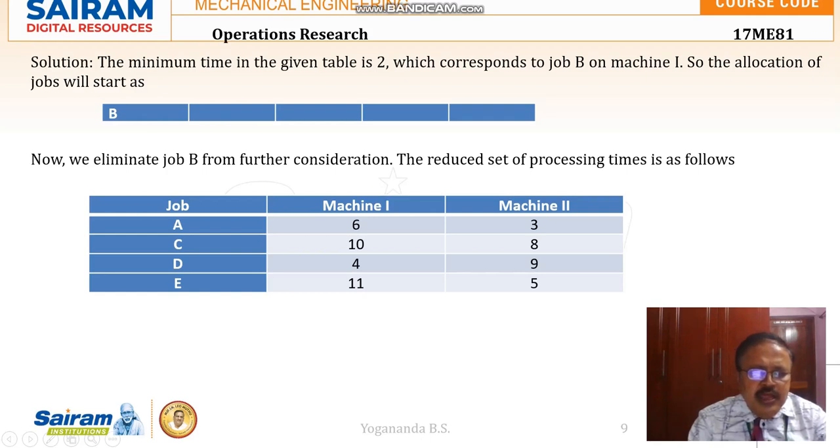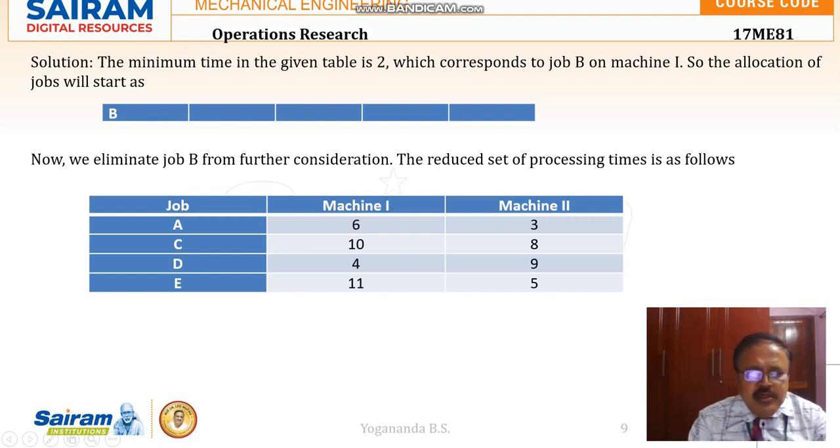Now in the coming iterations, I will eliminate job B because the position of job B is fixed now. So the reduced set of processing times will be like this: A, C, D, E with the processing times given here. Now we'll consider the next minimum processing time.